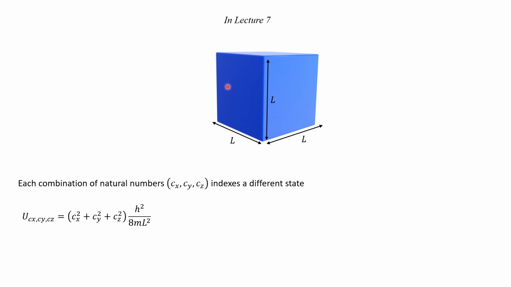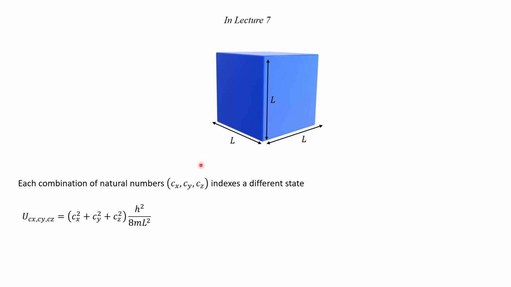And electrons have a spin. So, because electrons have spin, these three natural numbers actually label two different states. One with spin up and the other with spin down. But we're going to ignore this effect in this lecture.